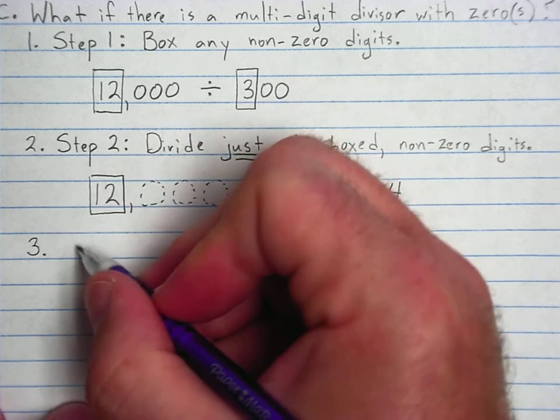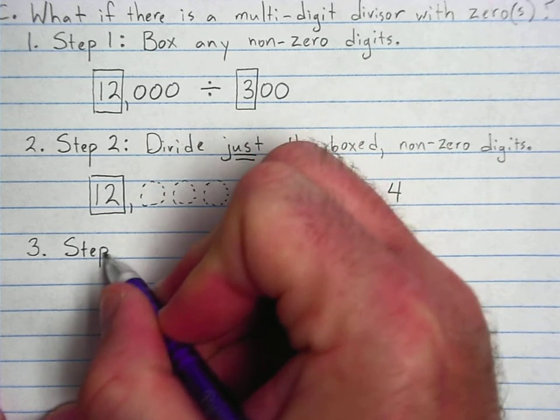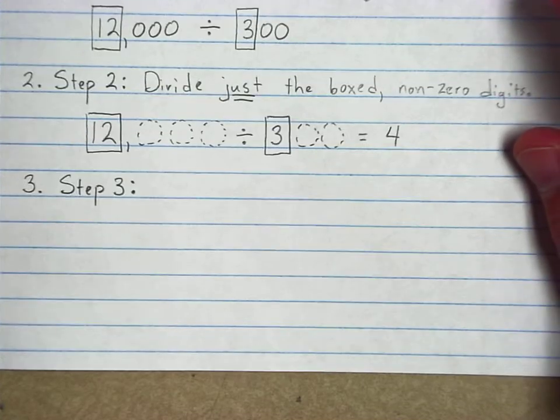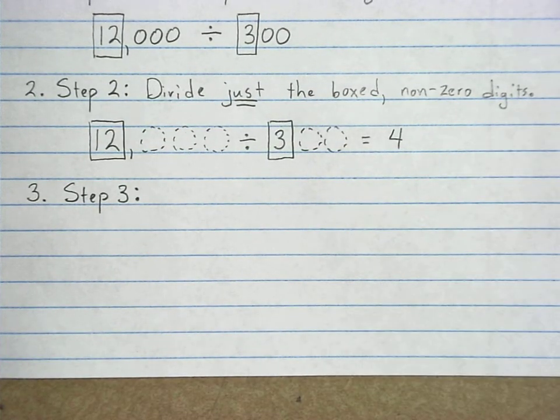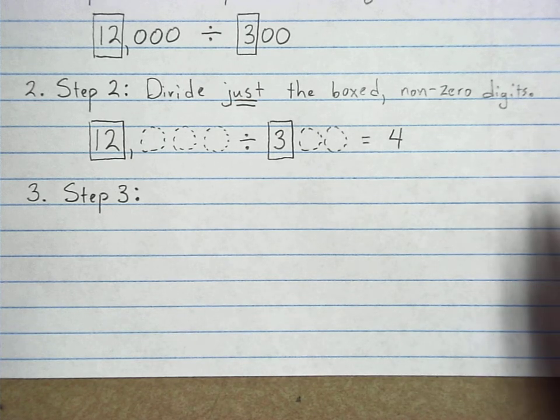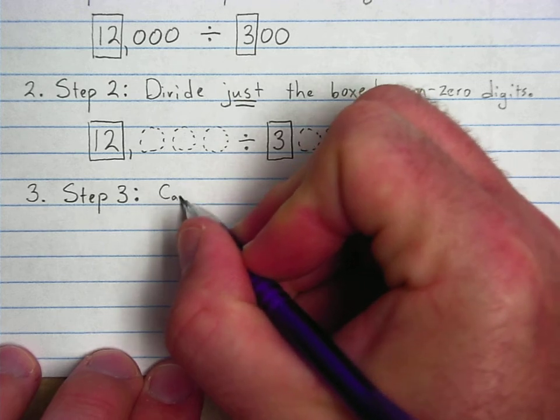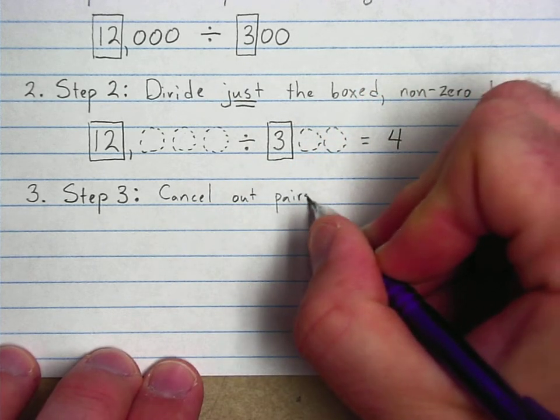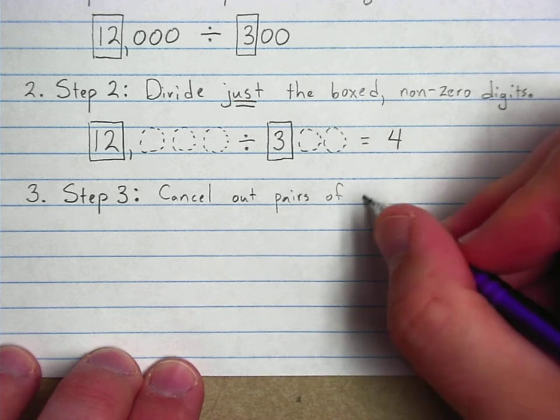Usually we're making things a little smaller. Now, that's not always going to be true. Decimals and fractions throw a monkey wrench into that. But for today, most of your answers are going to be smaller. So, what we have to do next is cancel out pairs of zeros.